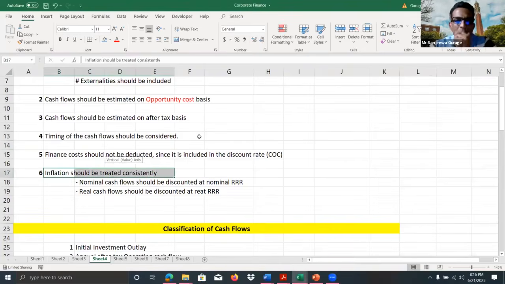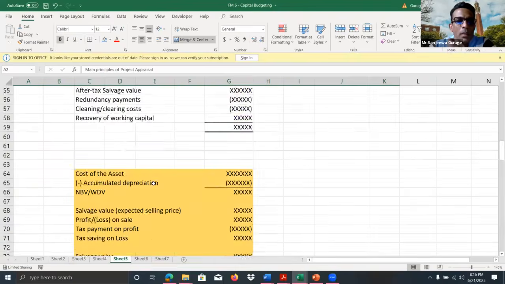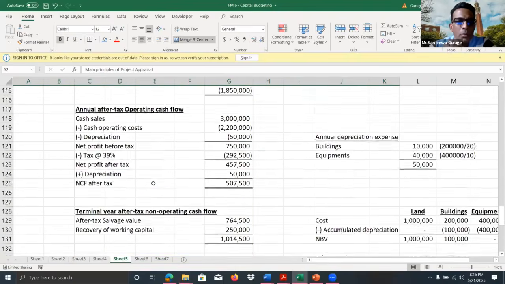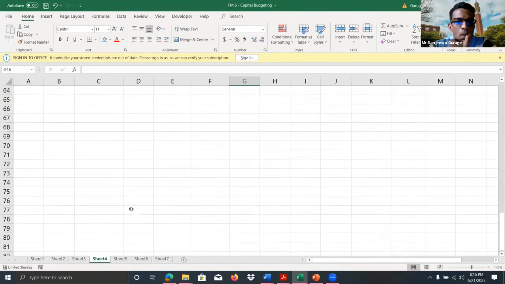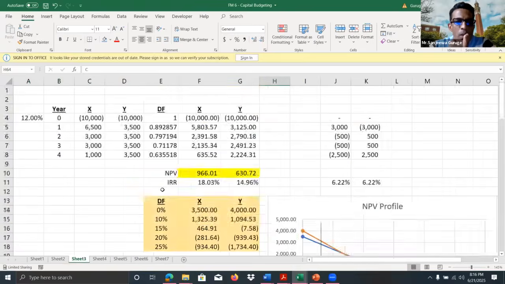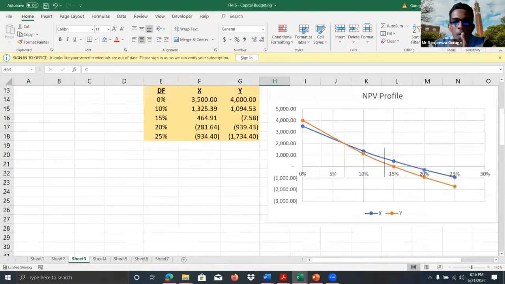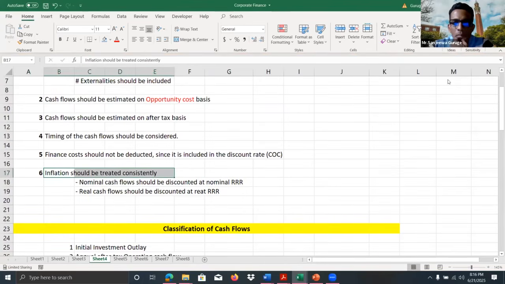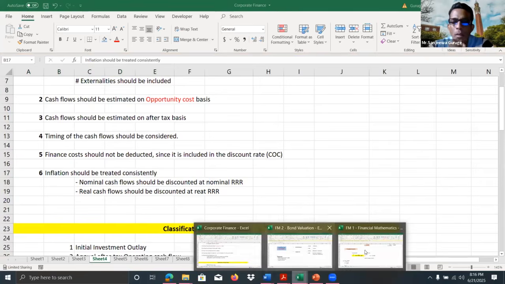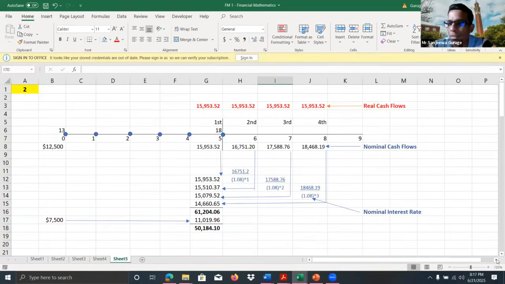I will use one example which I have done, to save time. So here, maybe a financial mathematics question.